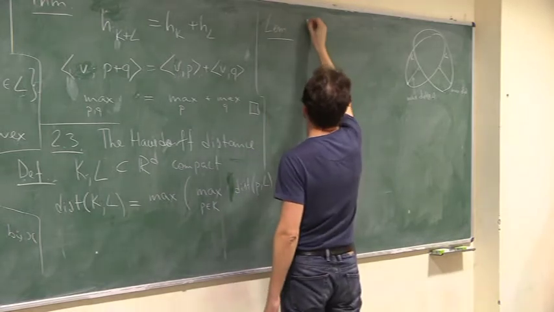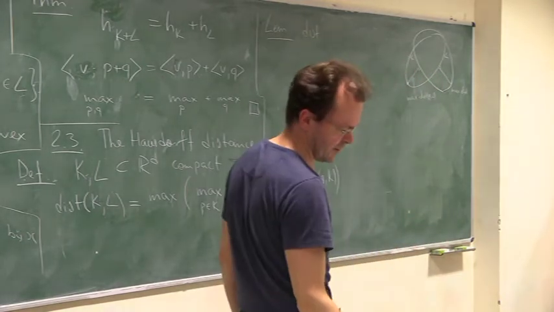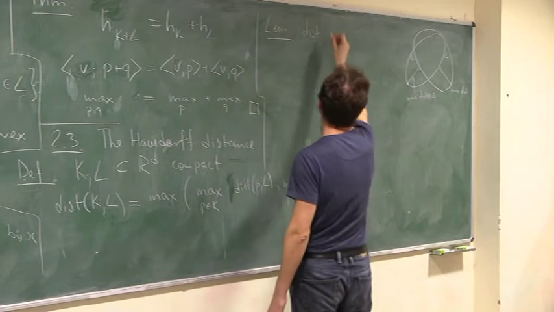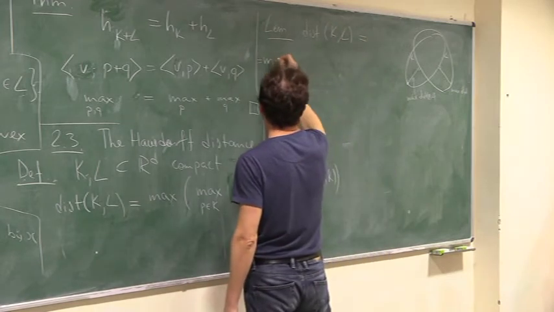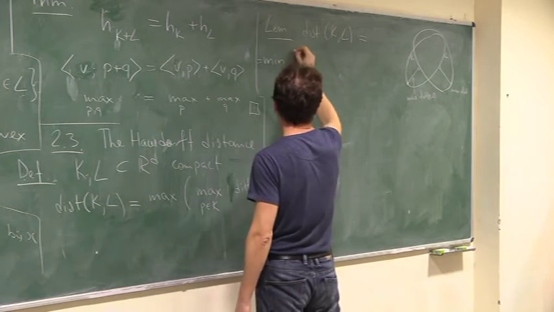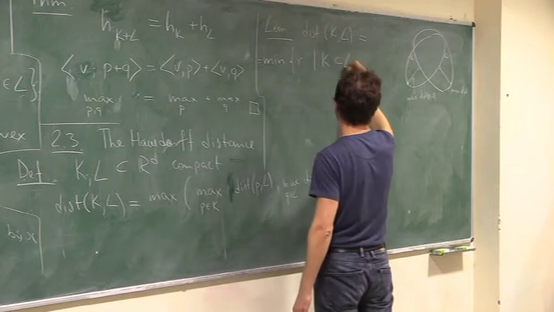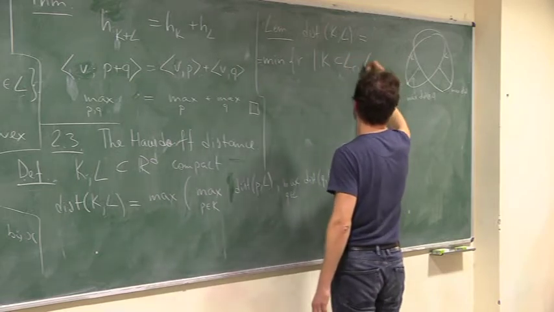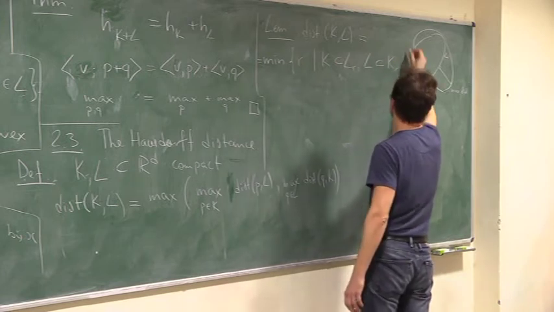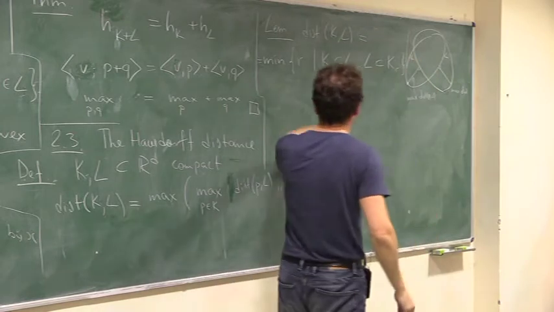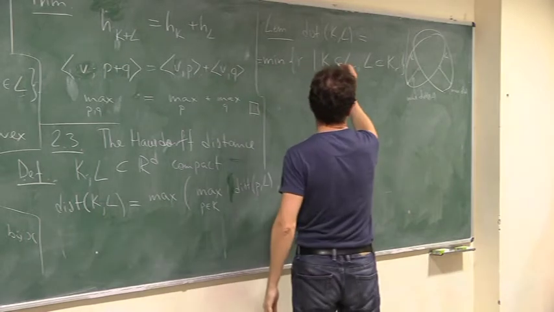In fact, the distance between K and L is the minimal number R such that K is contained in the R neighborhood of L, and L is contained in the R neighborhood of K. Yes, by the way, when I write inclusion, I also mean non-strict inclusion, possibly equality.